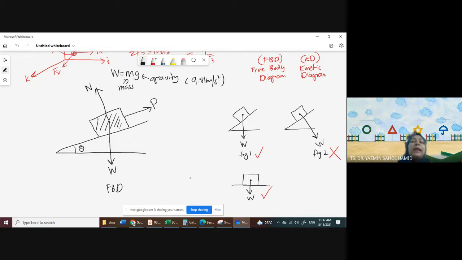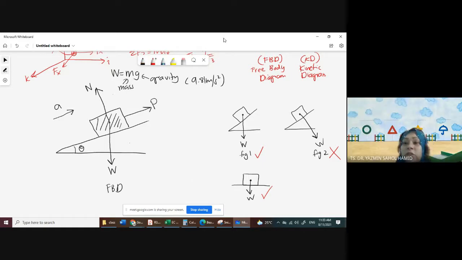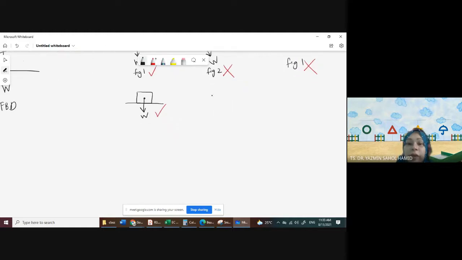Now, if you have a box like this, which is being pulled upwards, it means the acceleration is going up like this, right? Is there a force that is resisting the force going up? Yes, friction. Let's say you have a force P pulling up like this. Which is the correct diagram?